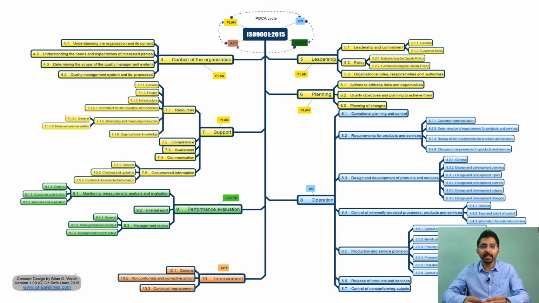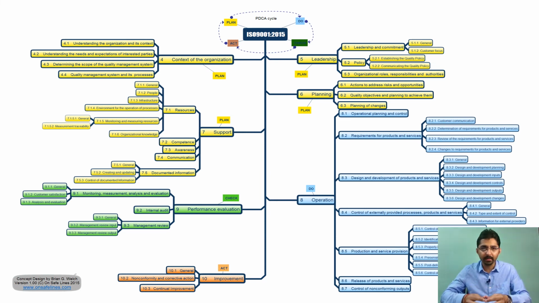Plan is represented in yellow, do in sky blue, check in green, act in orange. So the clauses in the standard are classified in terms of the PDCA cycle based approach.